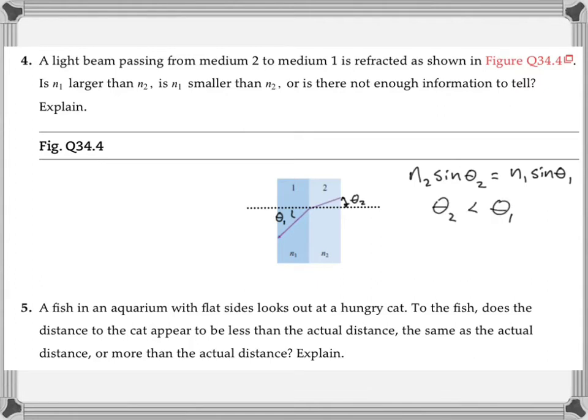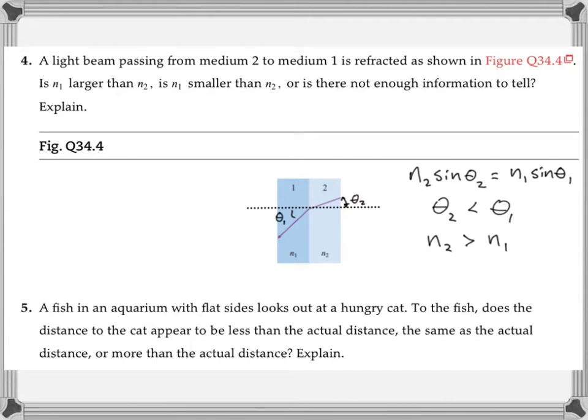So we can see in the picture clearly that theta 2 is less than theta 1. The angle of incidence seems much smaller than the angle of refraction. So because theta 2 is smaller than theta 1, the sine of theta 2 is smaller than the sine of theta 1.